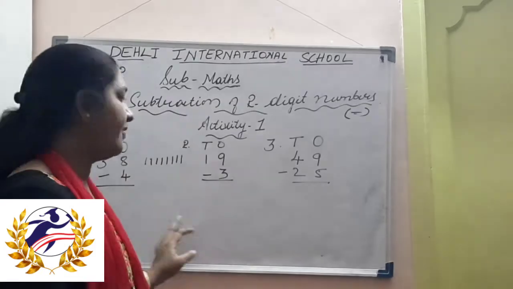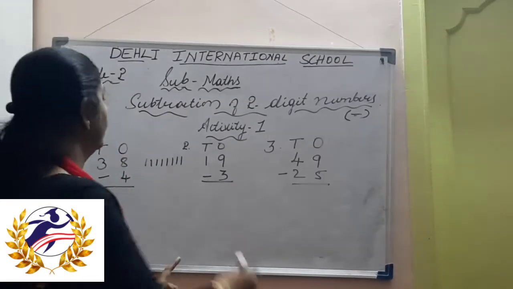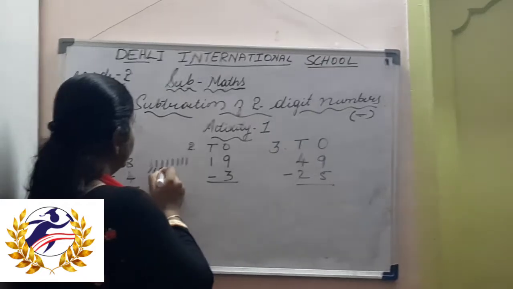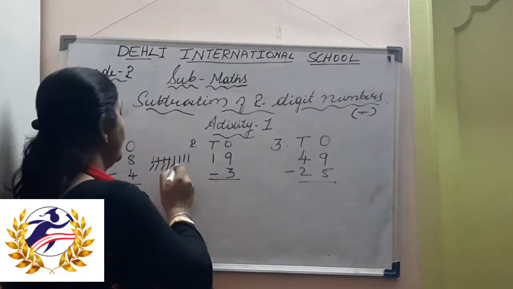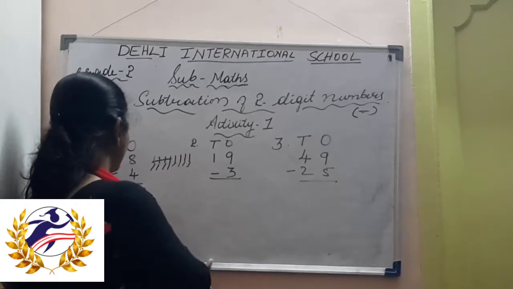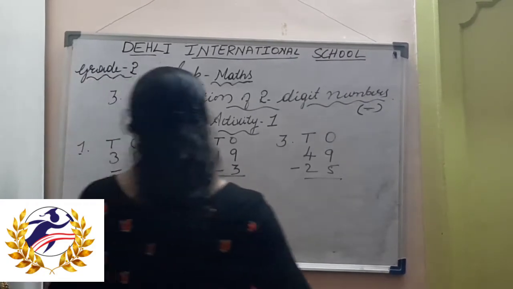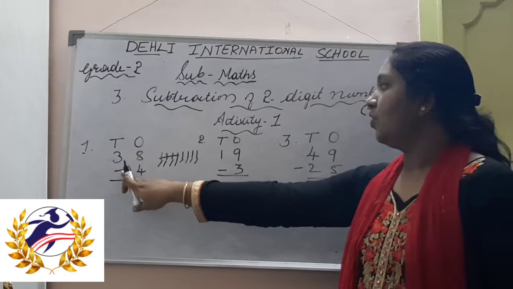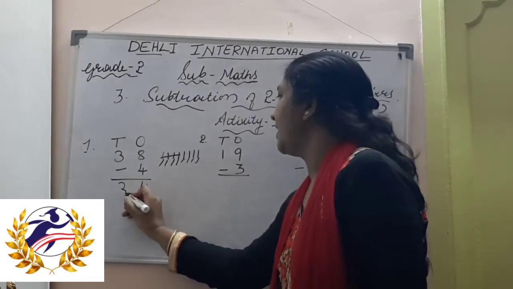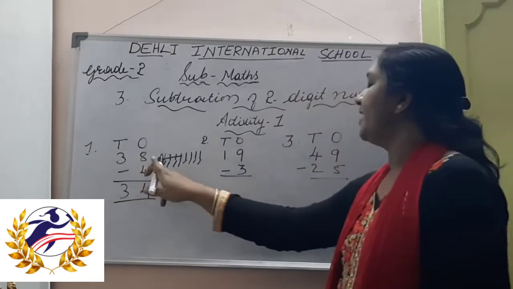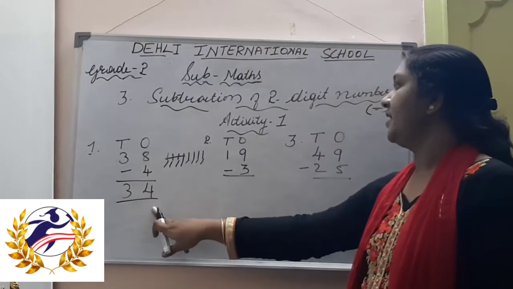We have to take away 4 from 8. 1, 2, 3, 4. How much is left? 1, 2, 3, 4. That is 4. Again, here there is no digit to subtract anything. We have to write the digit as it is. So 38 minus 4, the answer is 34.